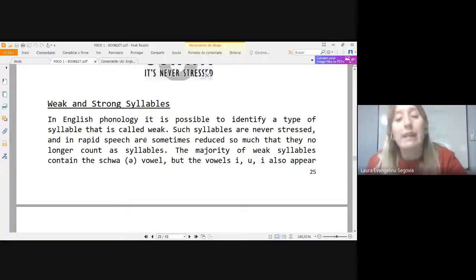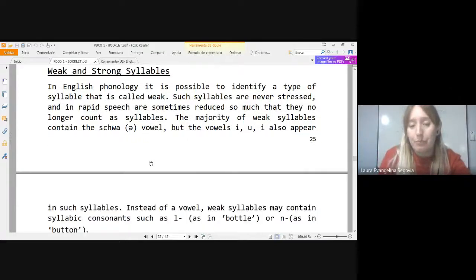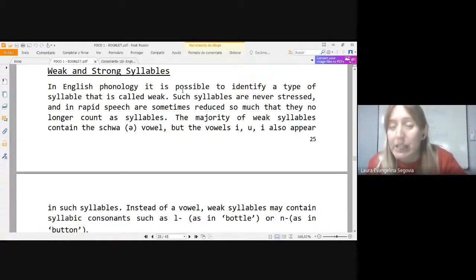So let's have a look at this definition, this introduction. In English phonology, it is possible to identify a type of syllable that is called weak. To be weak is a property of a syllable. Such syllables are never stressed.